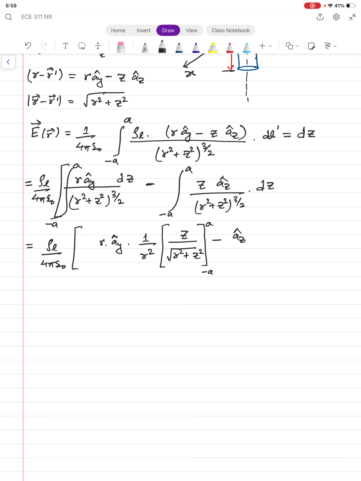Okay, now come back to the second integral, and that will be 1 divided by square root of r square plus g square.